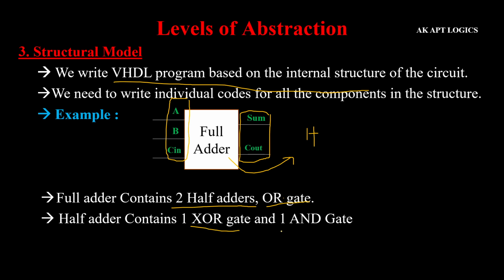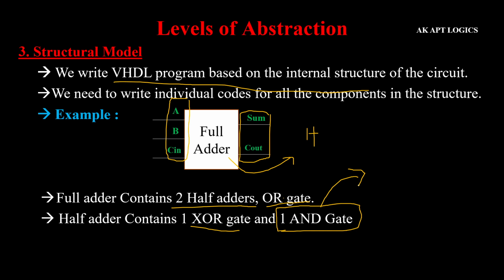So the least possible component that we can write code for is the gate, using operators like AND, OR, XOR, NAND, and NOR. We will discuss those in a future video. For now, just remember that for any digital design, the least possible unit is called a leaf cell.